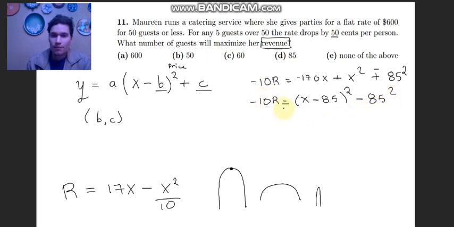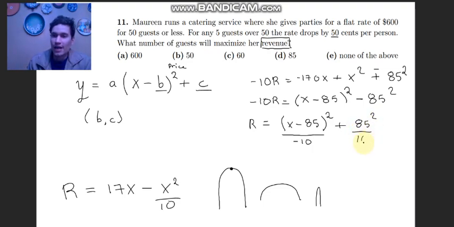Then we can put this on the other side again to clear the revenue variable as we are looking for. This will be equal to x minus 85 squared over minus 10 plus 85 squared over 10.